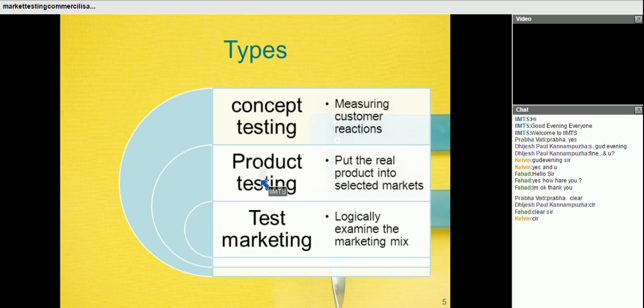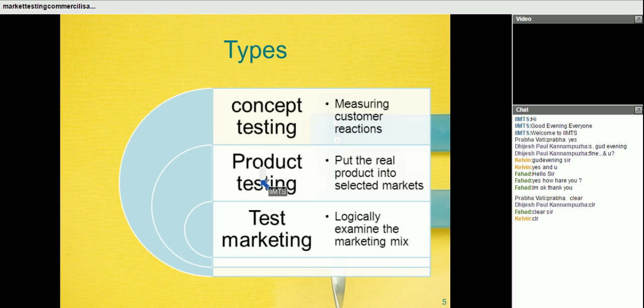So those things are done in product testing. A small section of people are selected, the product is tested among them, the reactions are checked and their feedback is taken. And then if any changes need to be made, then the changes will be made. If we feel no changes are required, then no changes will be made.